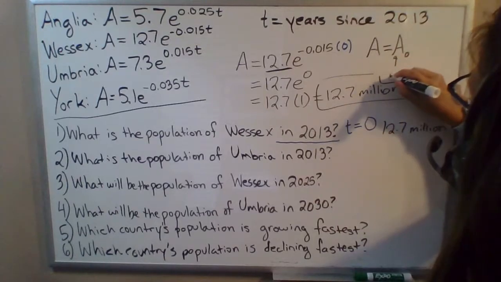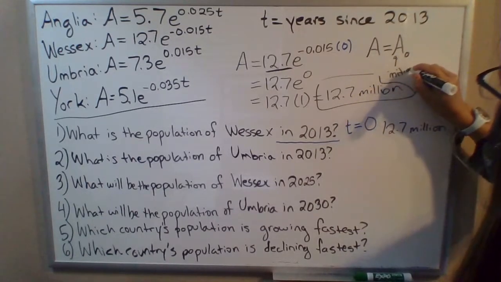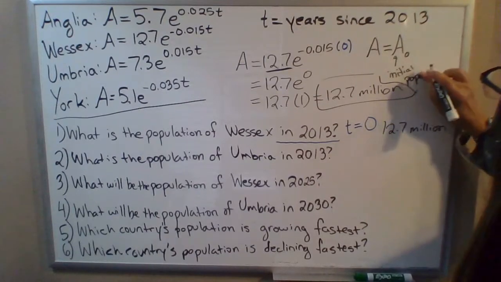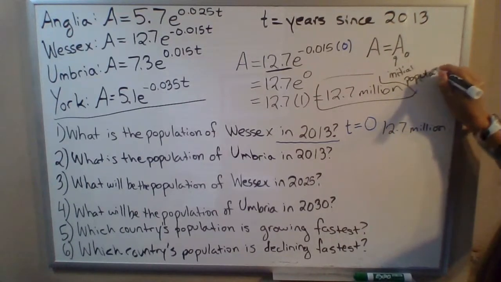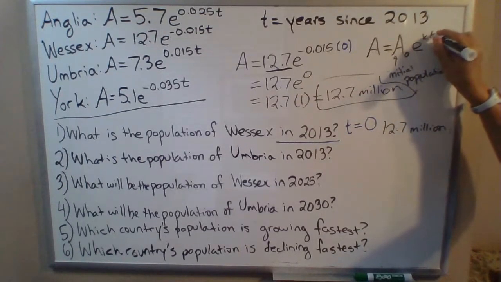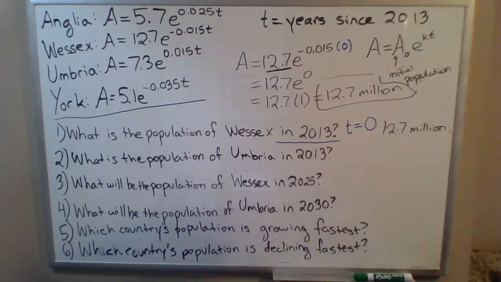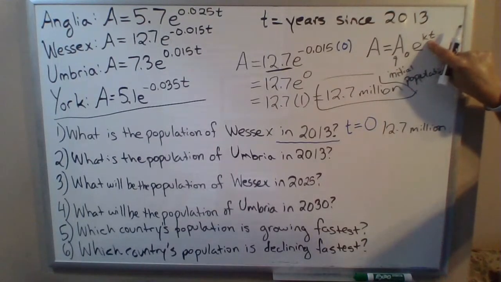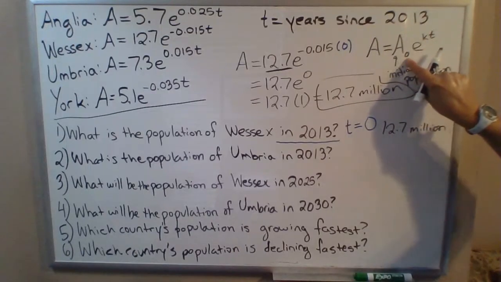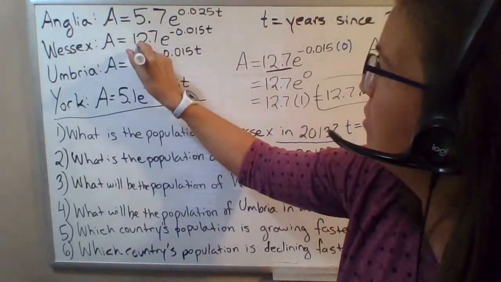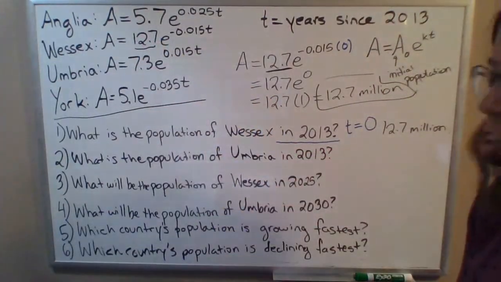So this is the initial population, times e to the kt, where k reflects either the growth or decay rate of that population. But this coefficient in front is the initial population. So we could have answered that first question just by looking at the function.